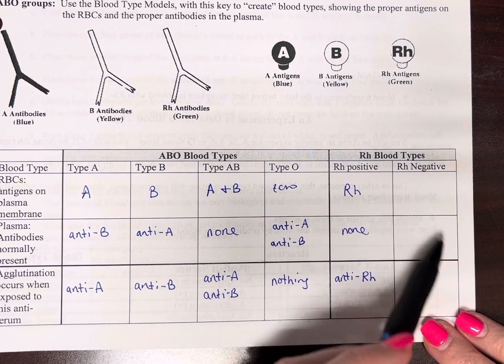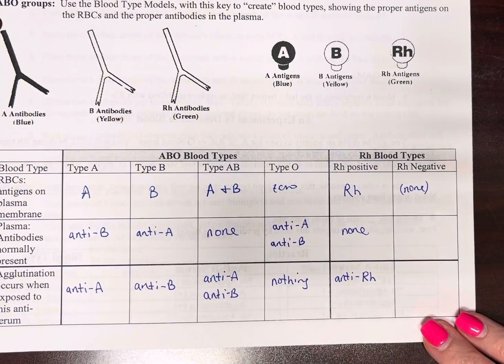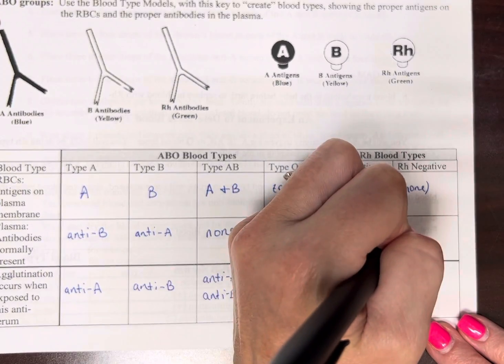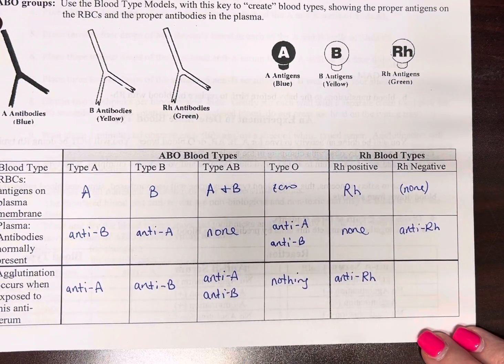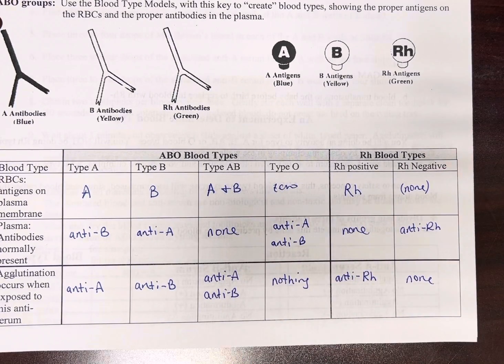An Rh negative person has no Rh antigen, which means it would have anti-Rh in the blood, and it would not react when we put the antiserum on the blood test.